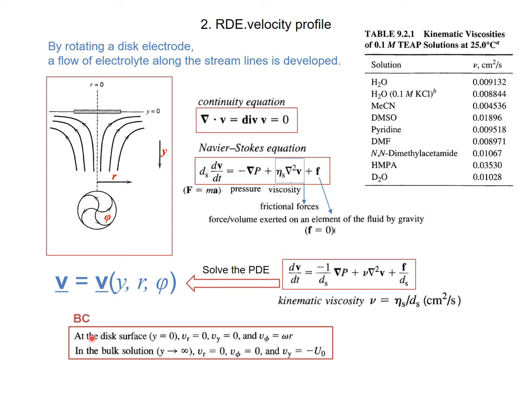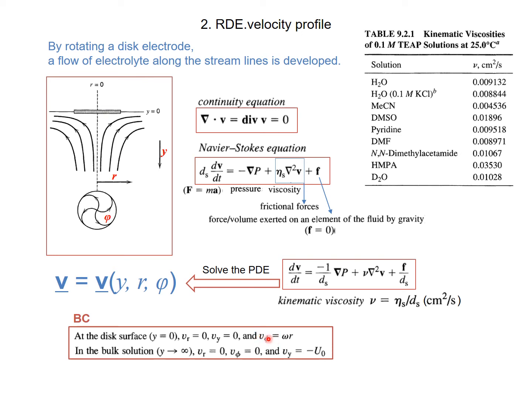So at the disk surface, at y equal to 0, the radial velocity is 0 on the surface, and the y-directional velocity is 0 because this is the blocked end. The electrode surface is blocking the flow, so the y component of velocity is 0 on the surface.